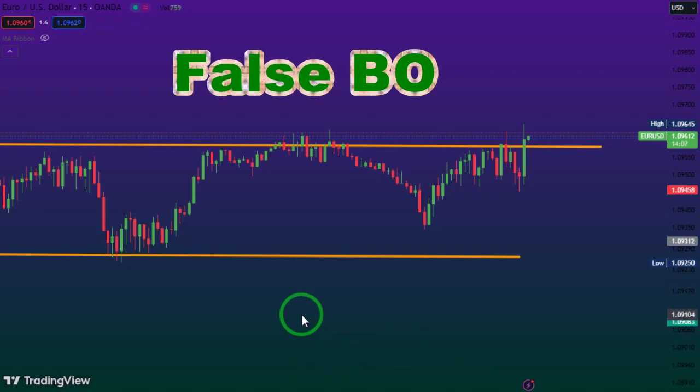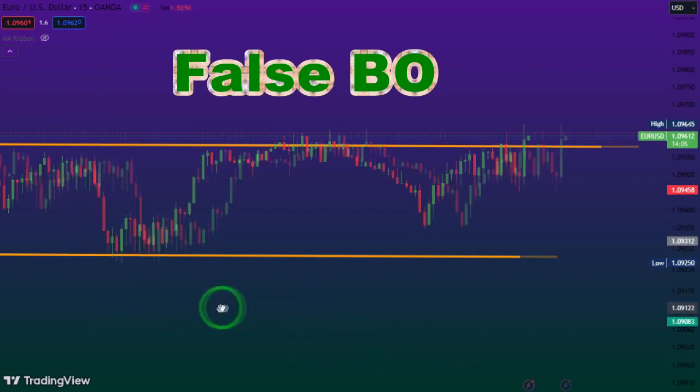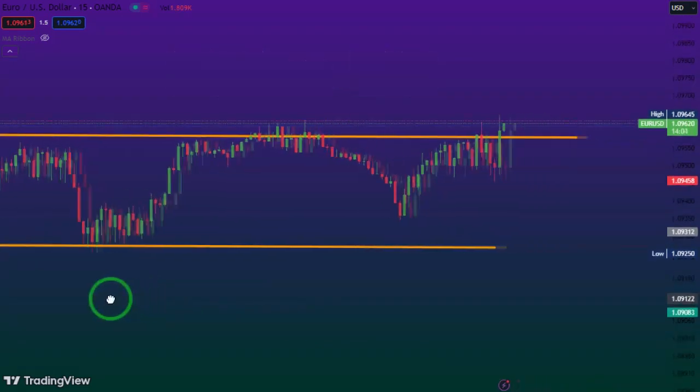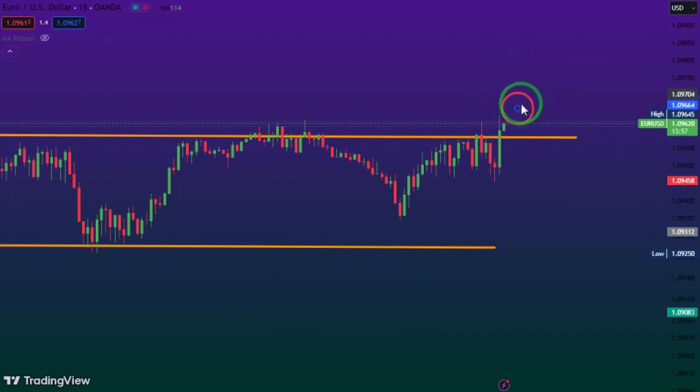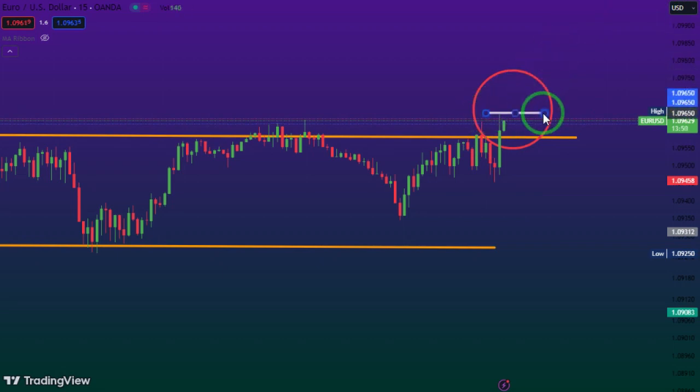Now we see what's a fake breakout. We have a trading range here. This breakout is fake, until a close above this high.